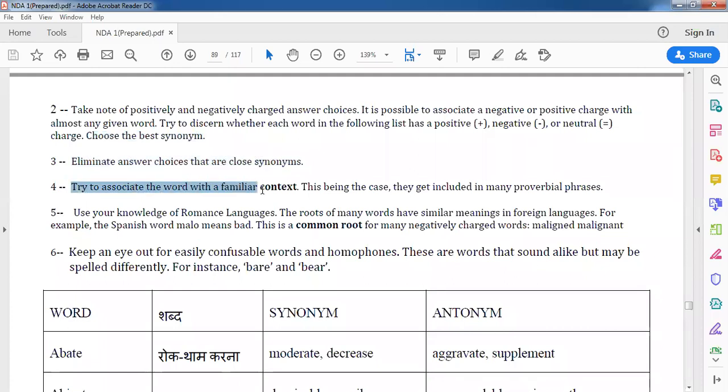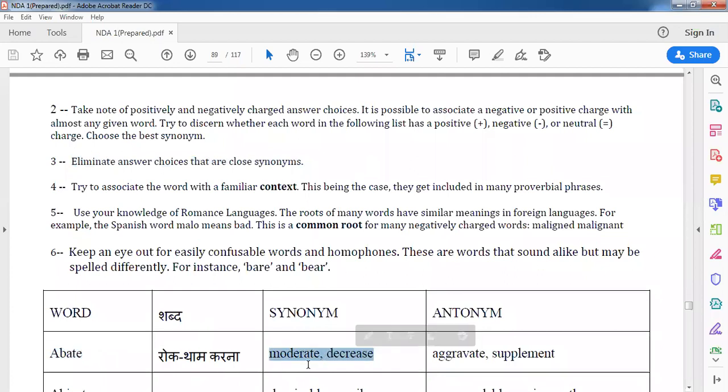Try to associate the words with similar familiar context. So in point number 3, what did we do? जो synonym का synonym नहीं बनता, या अगर हम antonyms कर रहे हैं, so जो synonym का antonym बनता है, not synonym ka synonym. So we have to choose that word. Suppose there is a word. So for example, if I take this word abate, abate ka synonym है moderate or decrease.